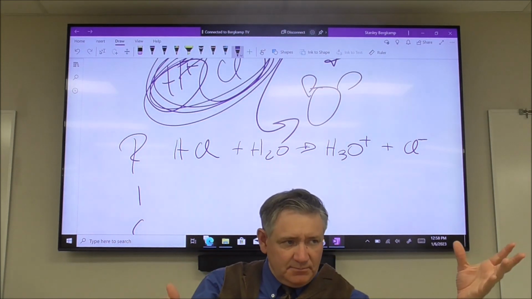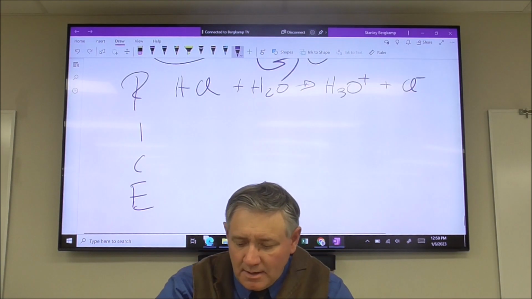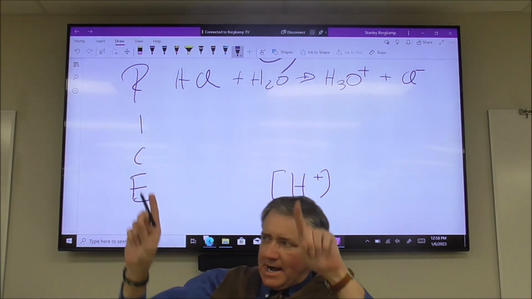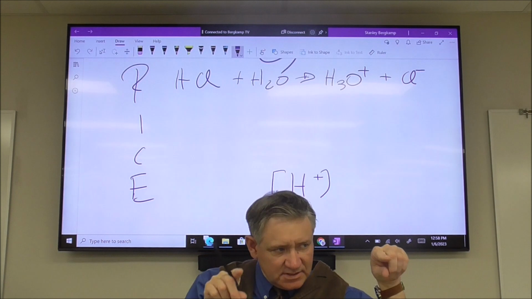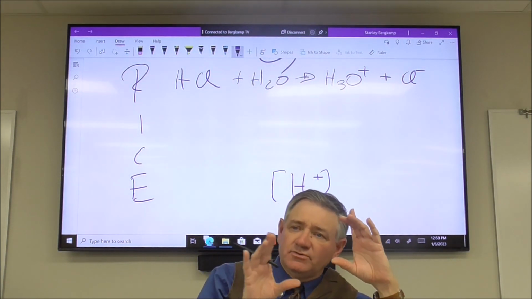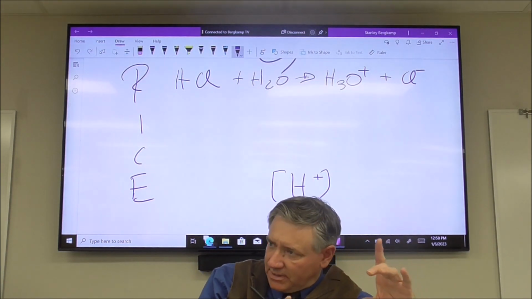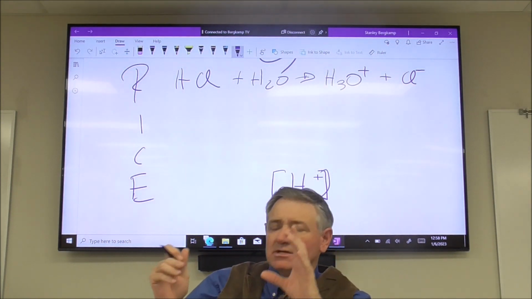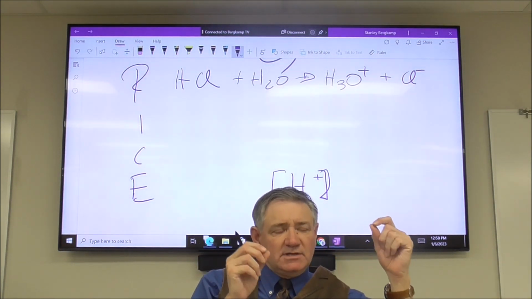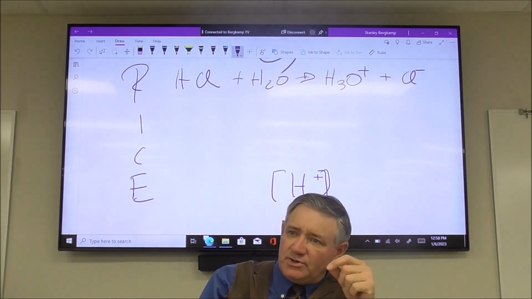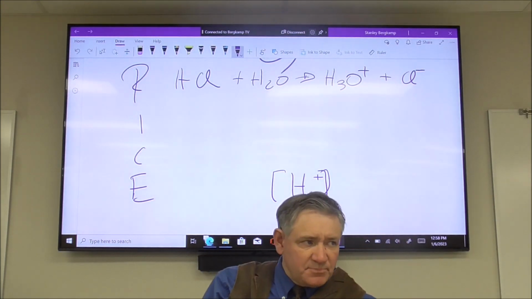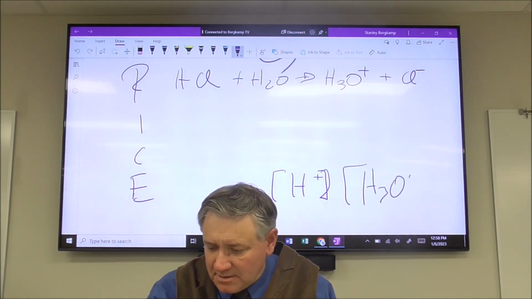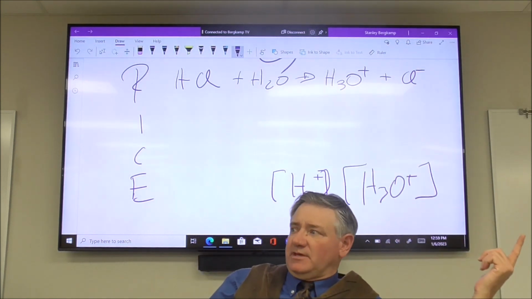Right? So a couple of things about the language of chemistry. When you see H plus in square brackets, anything written in square brackets refers to concentration measured in molarity. So that's indicating that we need to talk about the concentration of hydronium ions measured in moles per liter. H3O plus means the exact same thing.